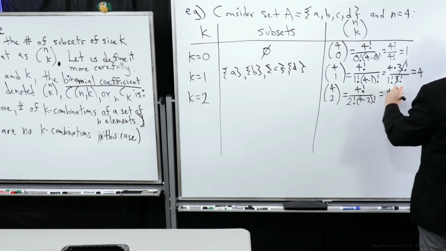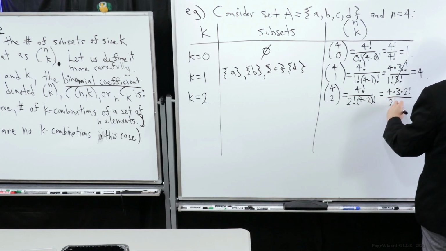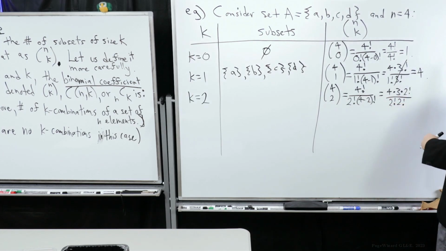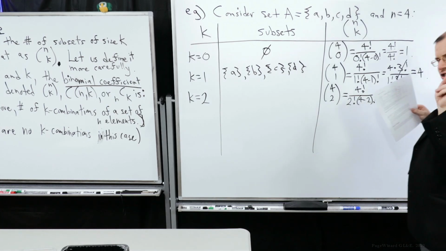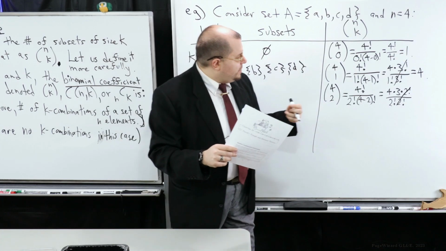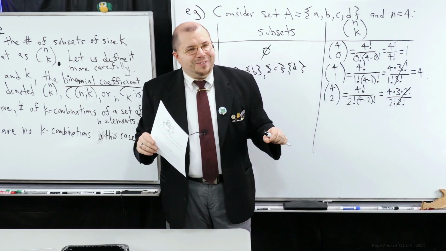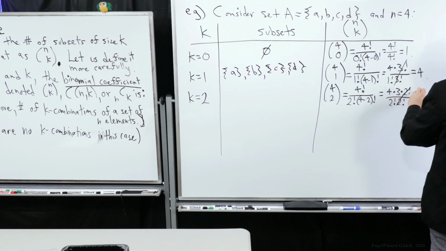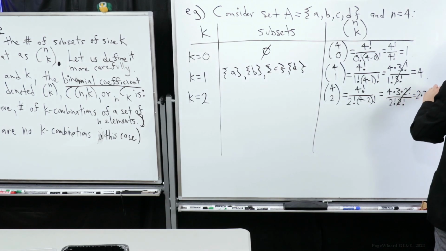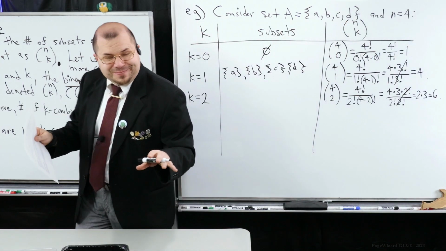So I have 4 times 3 times 2 factorial, then 2 factorial on the bottom. Notice that those cancel. Then I have 4 times 3 divided by 2, because 2 factorial is just 2, right? Remember, 4 is 2 times 2, so 4 divided by 2 is just 2. So I end up with 2 times 3, which is equal to 6. So there should be 6.